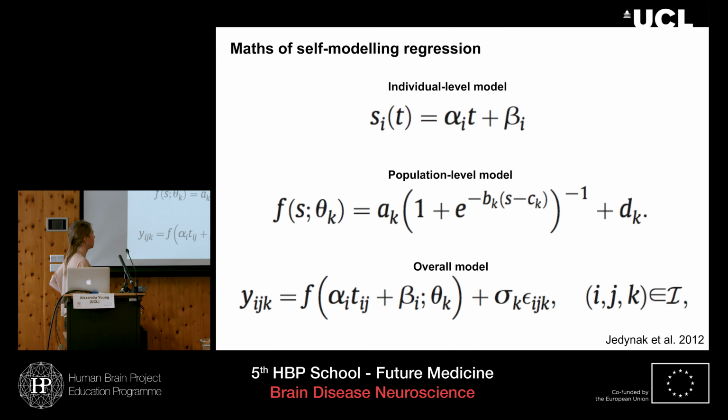You then have a population model that's based on this disease progression score, which basically just describes the overall population trajectory. Putting these two things together, you get an overall model that you can fit to a data set to simultaneously estimate individual speed of progression and population level trajectories.